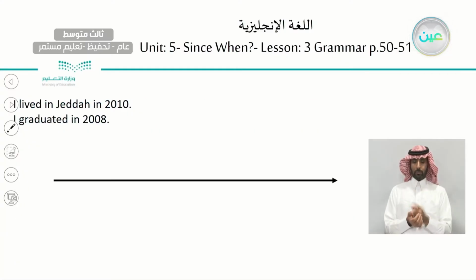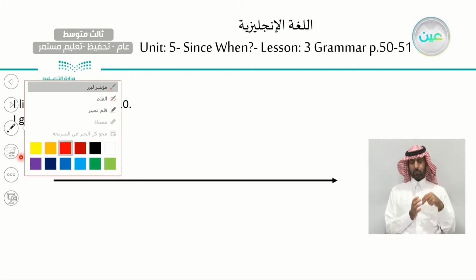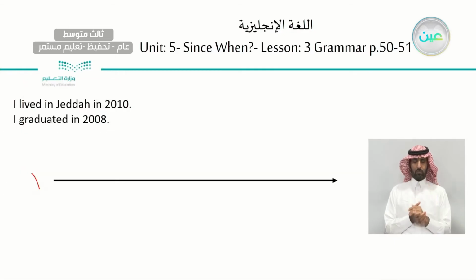Now look at these two sentences. Which tense is it? Simple past. Excellent. I lived in Jeddah in 2010. I graduated in 2008. Okay? This is a timeline. You can see it in front of you. Here we have past, okay?